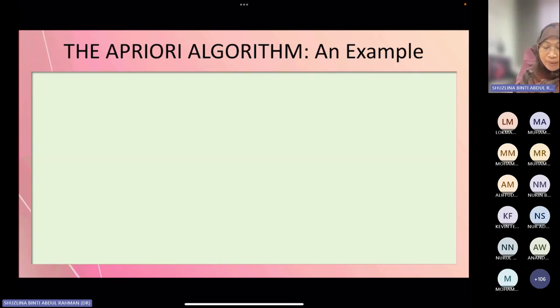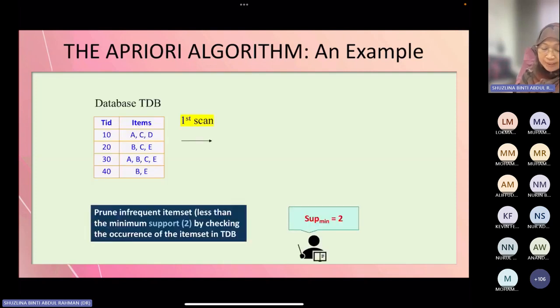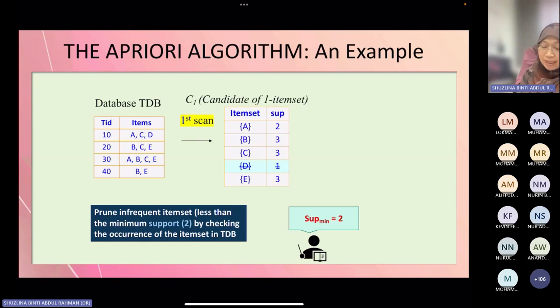We have a database TDB. The first step is to do the scanning, where we get the candidate of k equal to 1 itemsets. We take out all the unique items: A, B, C, D, and E. So we have 5 unique items, and we have the minimum support of 2.